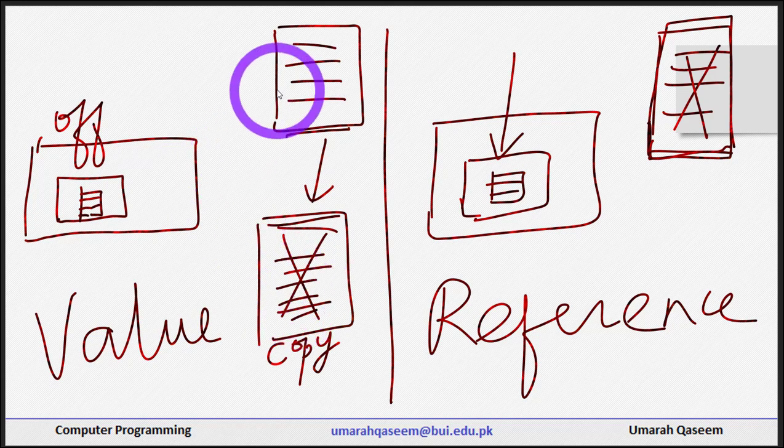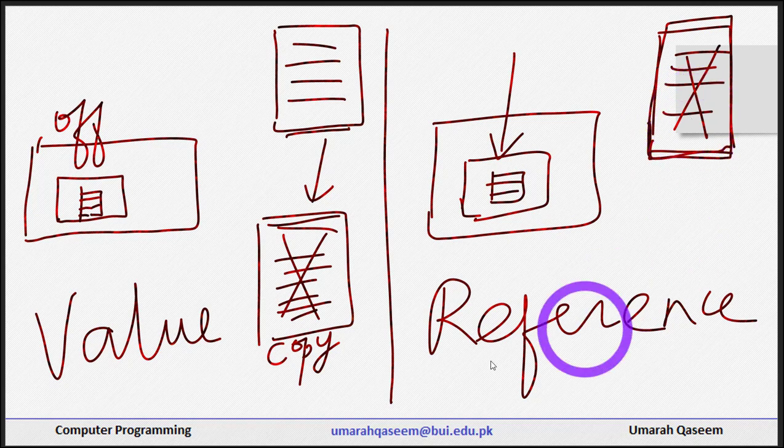So the original variables are not affected if you do anything with the copied variables that are in the function. But in function call by reference, there is no copy. The location, the address, the reference of the original variable is sent, and in that way, if you do anything with the variables, the original variables are vulnerable and they are affected, they are changed.